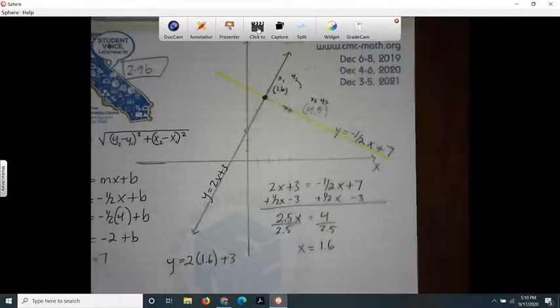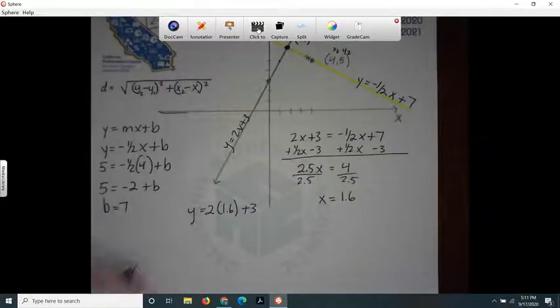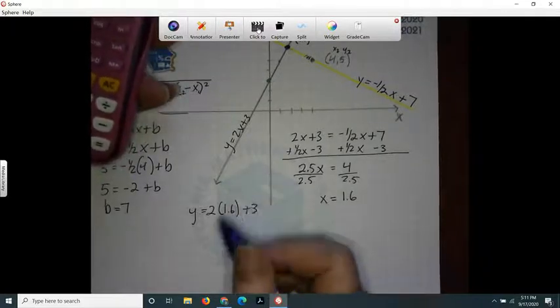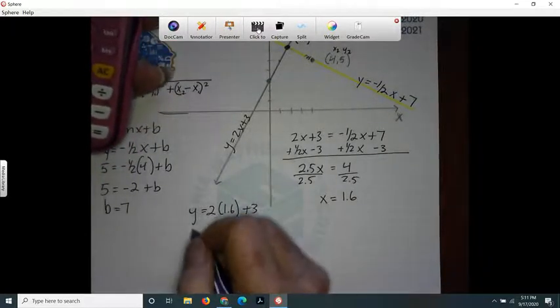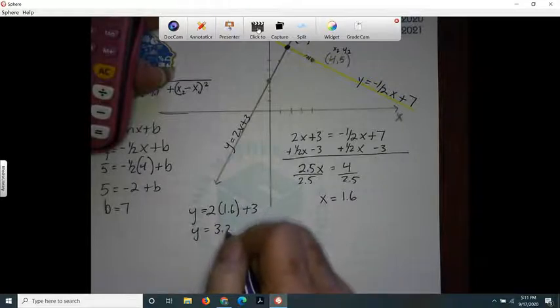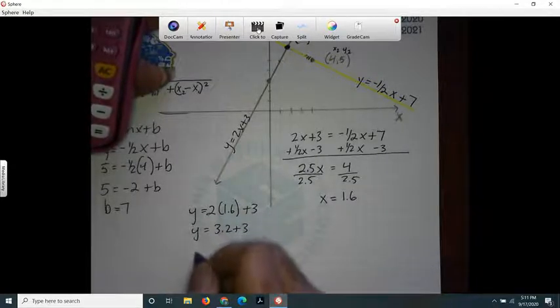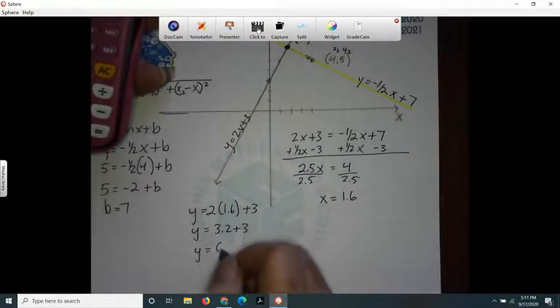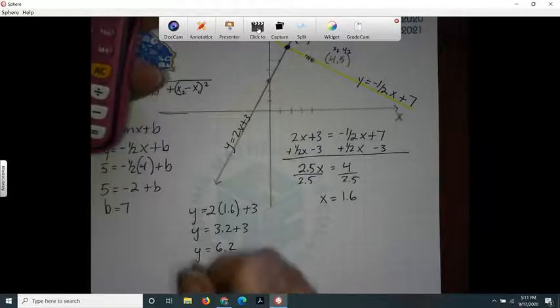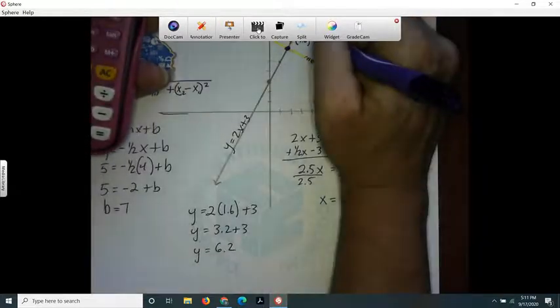What is 2 times 1.6? Oh, I just had it on my calculator. Oh, 3.2. 3.2 plus 3 is 6.2. So now I know that y is 6.2.